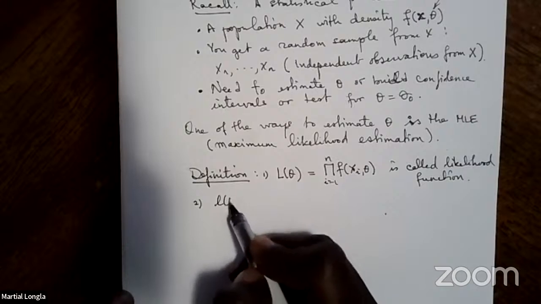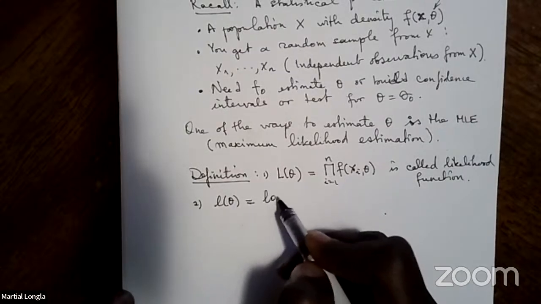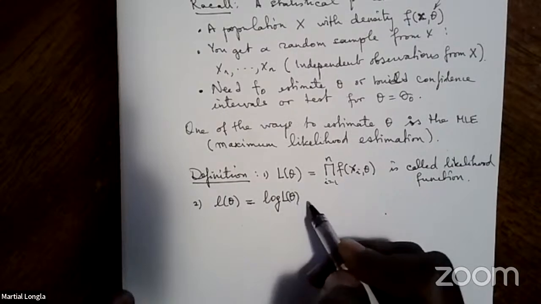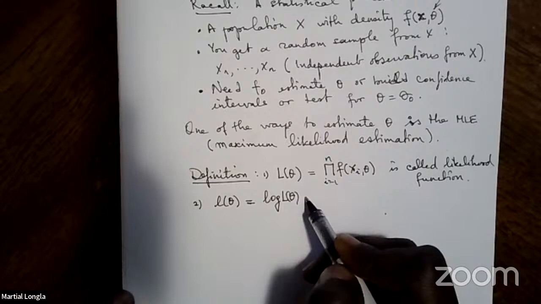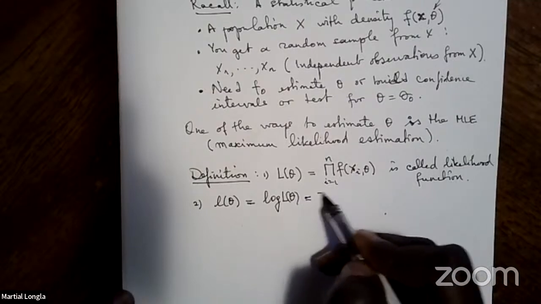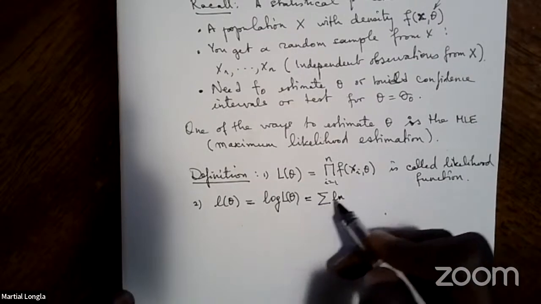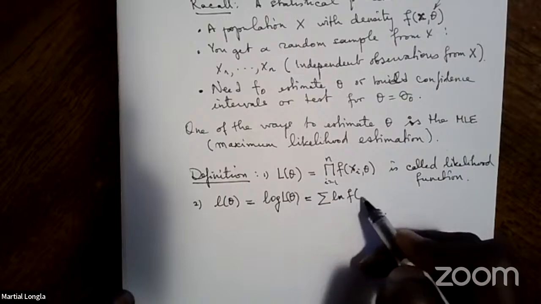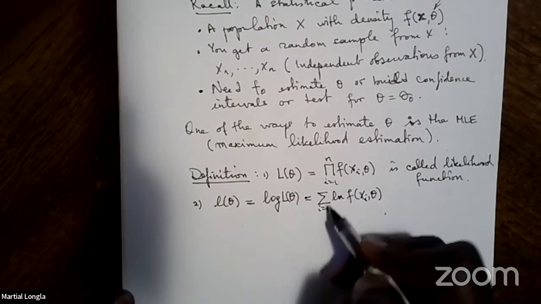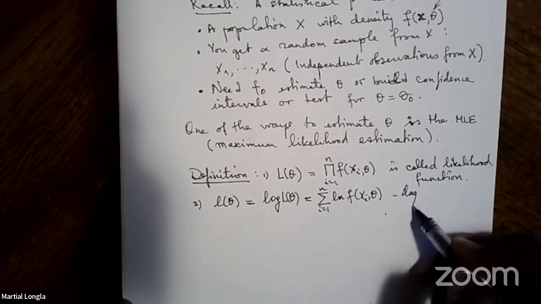The little l of theta, which is log of L of theta, and then when you take that log here, it becomes the sum of natural log of f of xi, theta, i from 1 through n. This is called the log likelihood function.